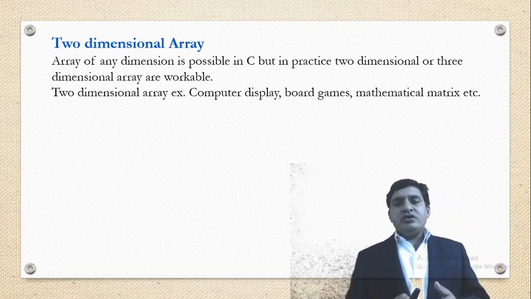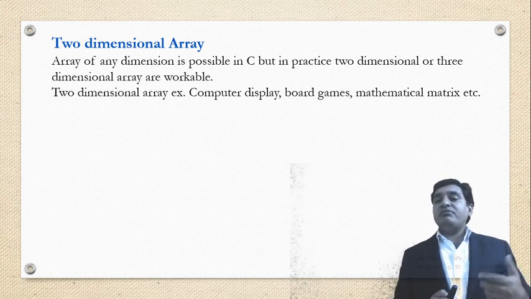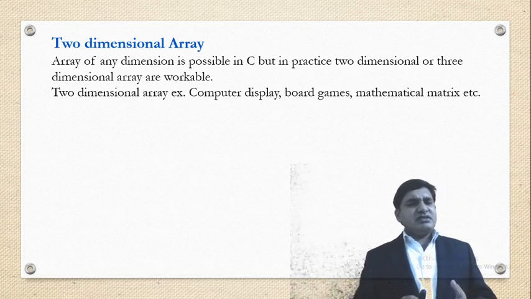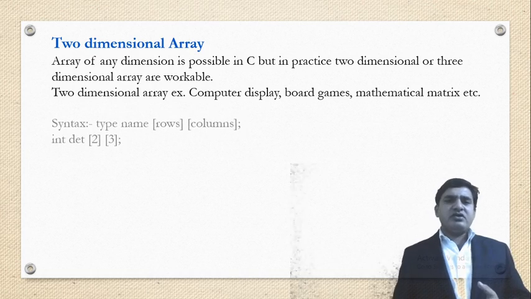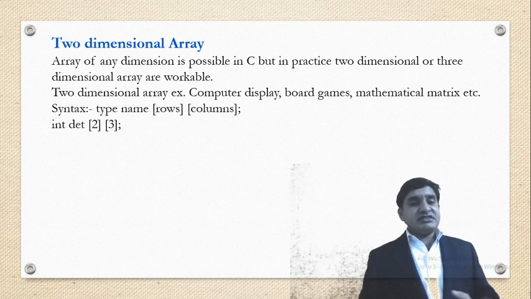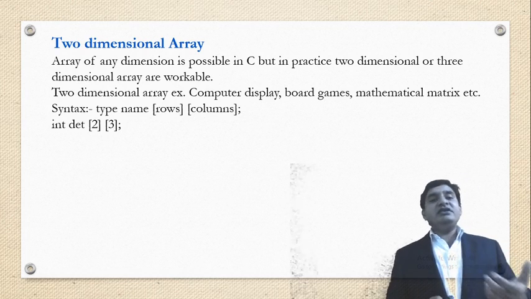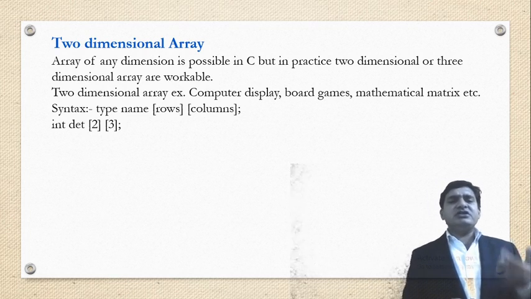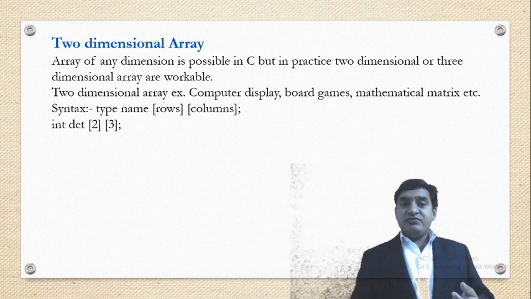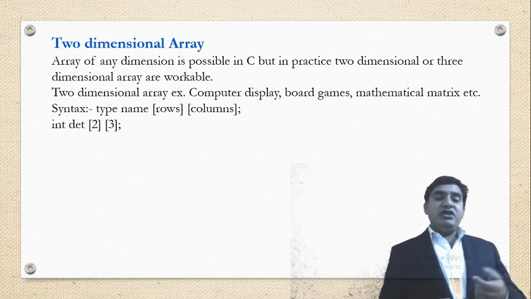Then board game and mathematical matrix, these are two-dimensional arrays. Here is the syntax. First is a type, which is a data type. Name means the name of a variable.